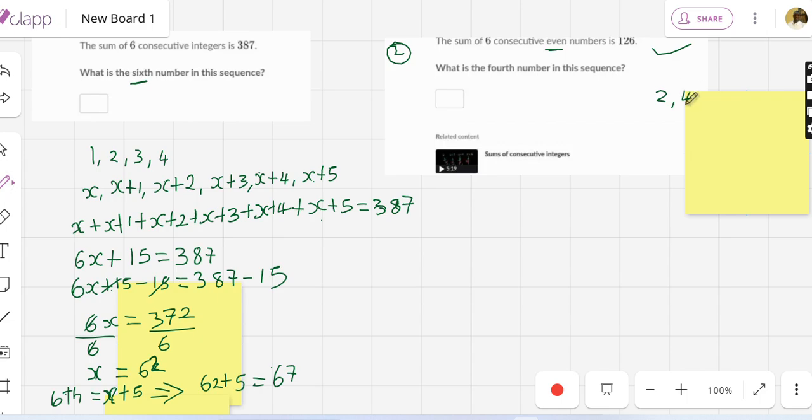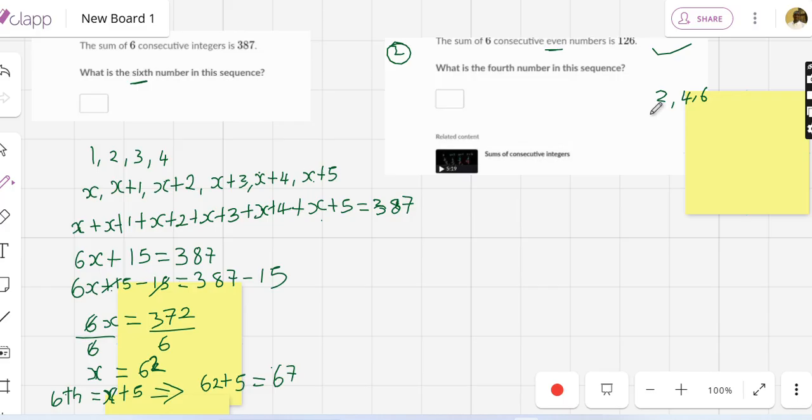And the next even number is what? Is 6. So 4 minus 2 is 2, 6 minus 4 is 2. So the common difference for even numbers is 2. Same with odd numbers.